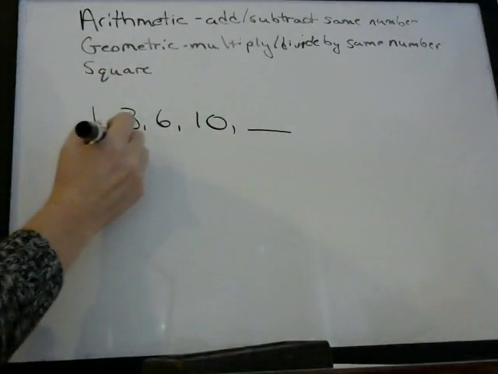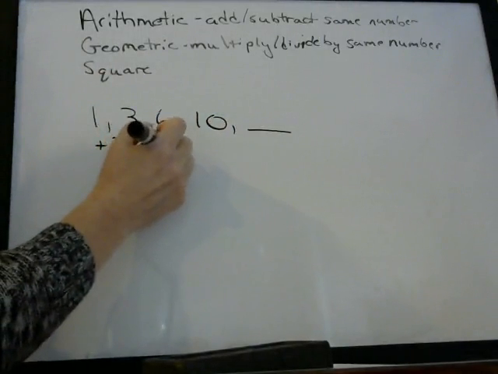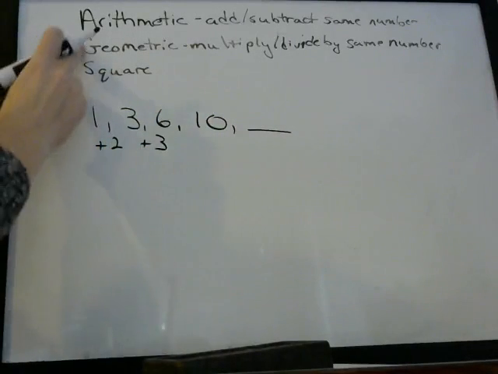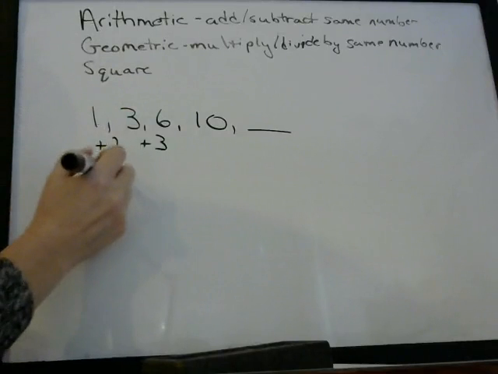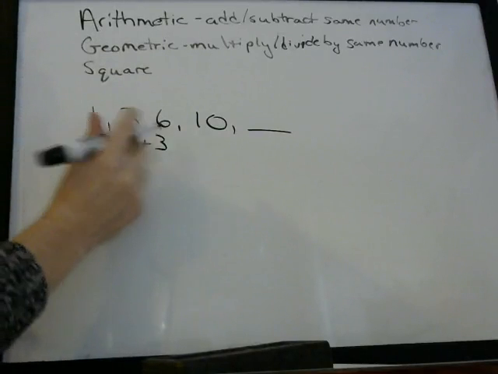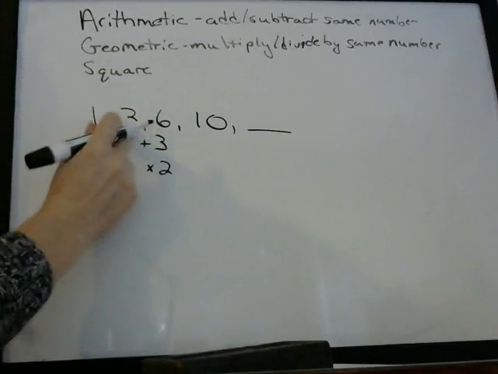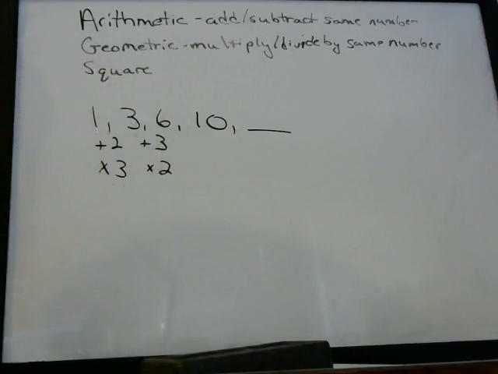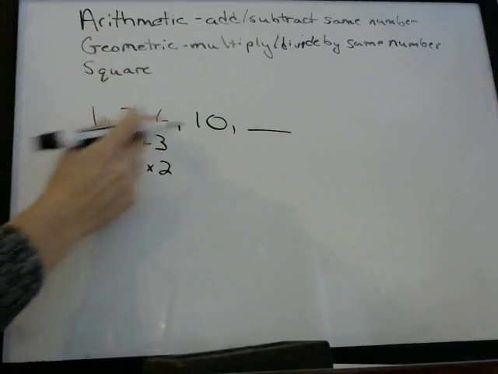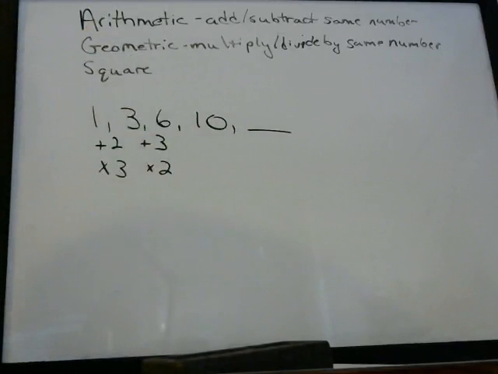Well, here we added 2, here we added 3, so it's not arithmetic. Is it geometric? Well, you multiply by 3 to go from 1 to 3, but then you just multiply by 2 to go from 3 to 6. So no, it's not geometric. They're not squaring the numbers, because squaring will always essentially give you the same sequence.